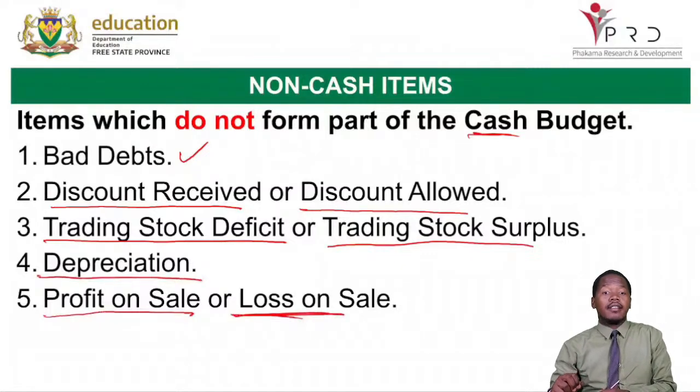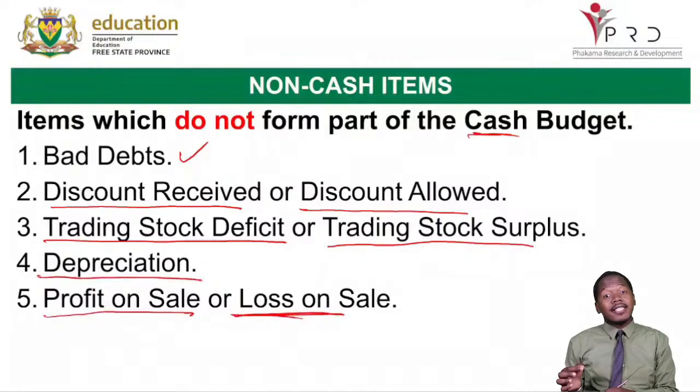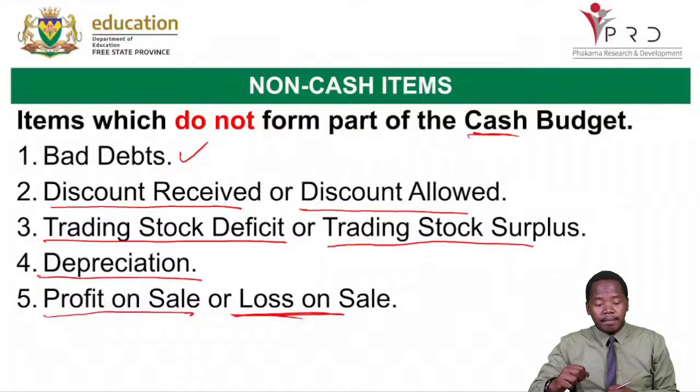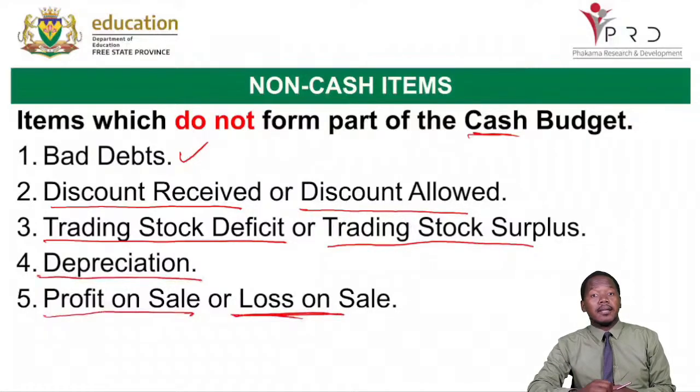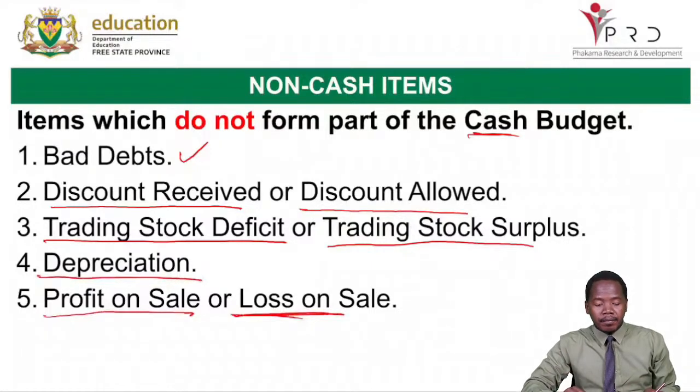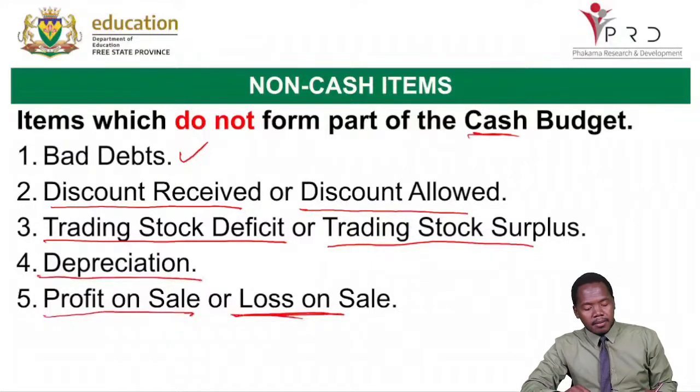Loss on sale, again, the same thing will apply. Whenever I'm selling an asset, I'm disposing of an asset, sometimes I would make a loss. And then that becomes what? It becomes operating expenses. That is part of our projected income statement.